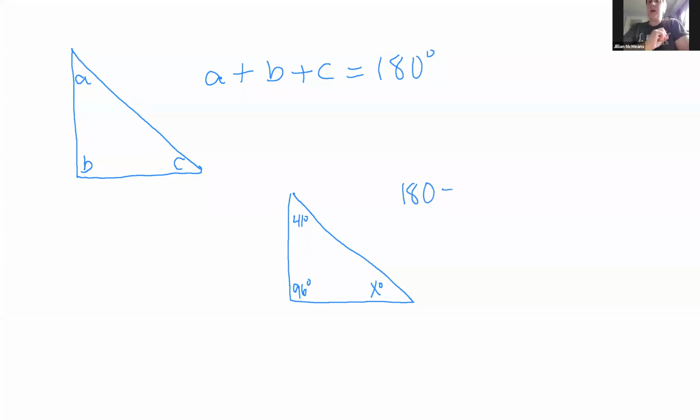So we start with 180, we subtract 41, we subtract 96, and we are left with 43 degrees. So we could say X equals 43 degrees. That's one of the most basic and fundamental ideas of a triangle, that the three angles have to add up to 180.